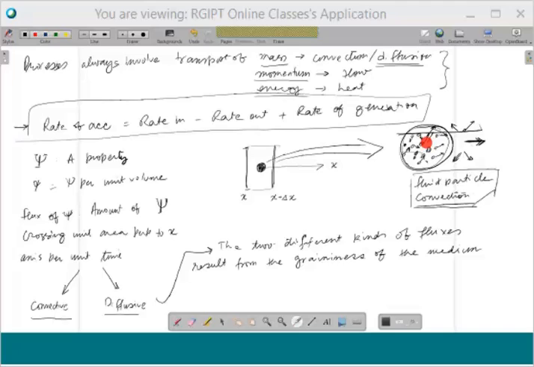Velocity exists only in one direction; in the other orthogonal directions, there are no net velocities. But there can still be a net transport in other orthogonal directions, which arises because of diffusive motion, which is basically resulting from randomness in the velocities, which results from graininess in the medium.